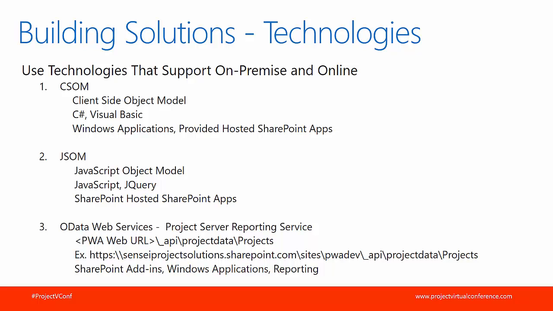We've also used what we call CSOM when we were building web applications, and in our case we built some Windows applications that interfaced with the business systems for some of our clients. So being able to take some data from one business system and import that into Project Online.